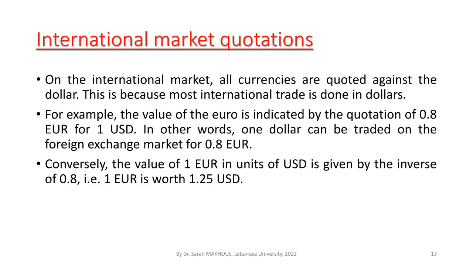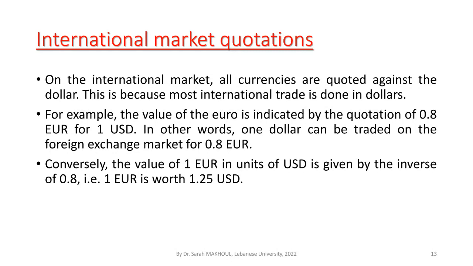When you go to the international market, as quotation and rating, all currencies are quoted against the dollar, because we know that the dollar is the most commonly traded international currency. So all currencies are valued according to the dollar. When the quotation is for the euro, 1 euro is $0.8 per $1. So $1 can be traded on the foreign exchange market for 0.8 euro.